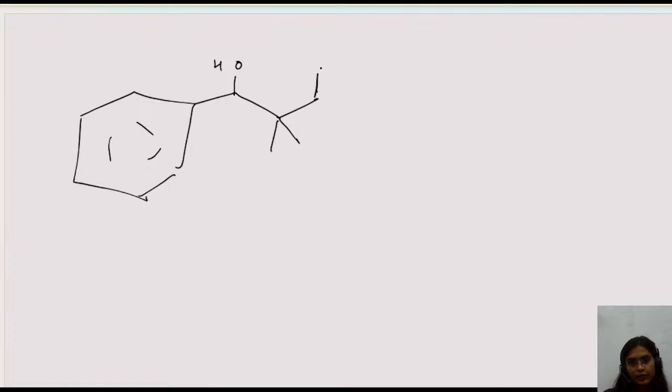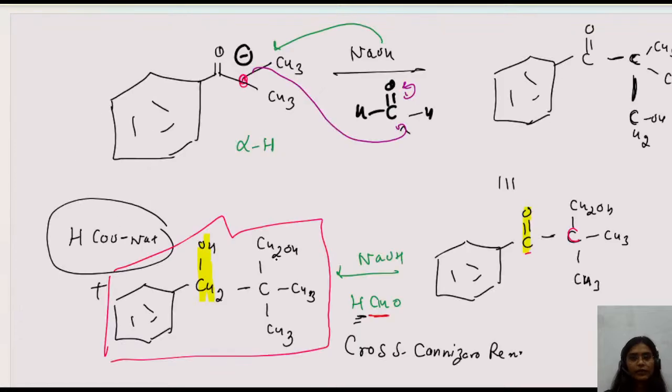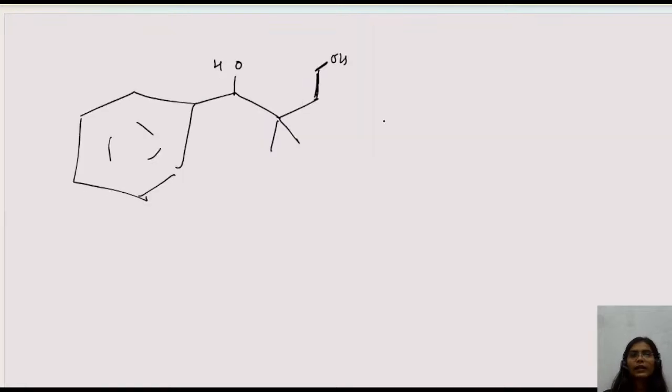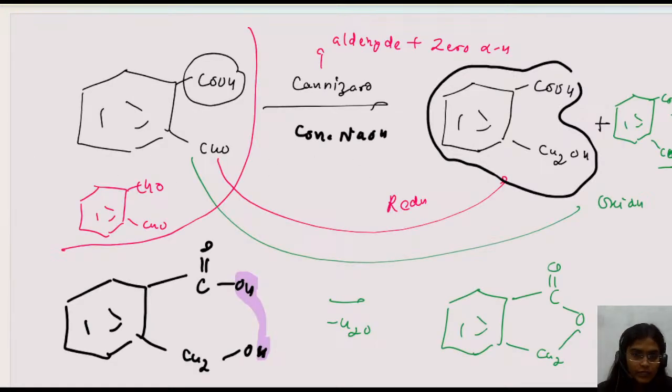And again the OH group is connected, right? So this is the thing we're getting. Now if you're using aldehyde, enough with the NaOH there. If you observe, here we are using a catalytic amount. After this, let's go back to the question.